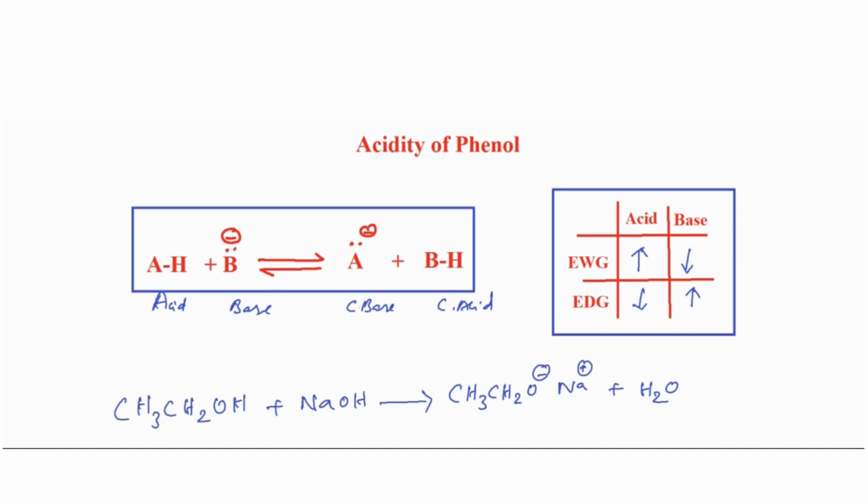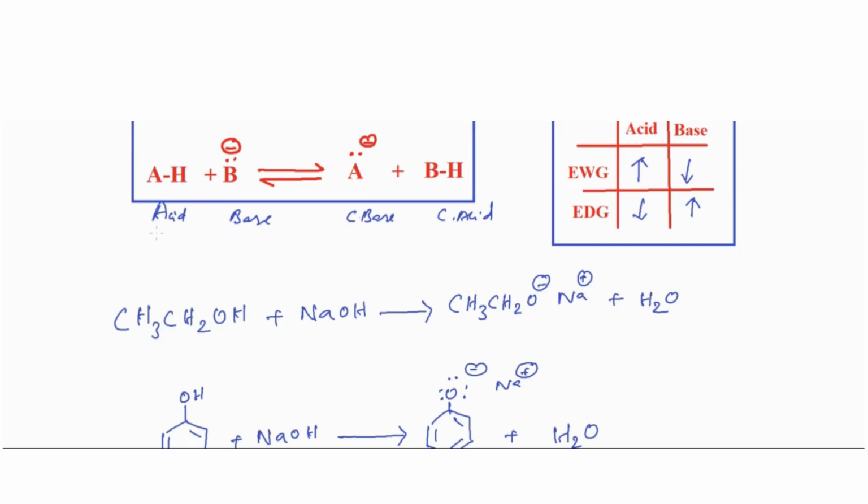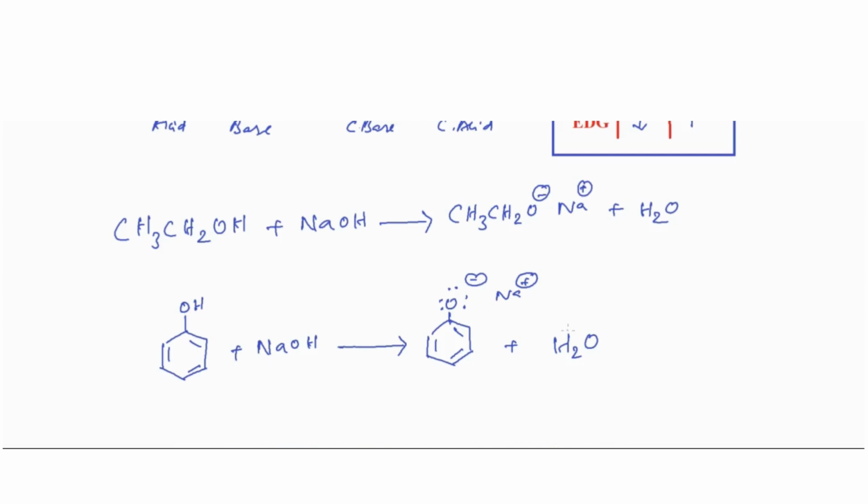Now how can we conclude this hypothesis? Let us take this reaction. Ethanol reacts with sodium hydroxide to form sodium ethoxide and water, and similarly phenol reacts with sodium hydroxide and forms sodium phenoxide and water.